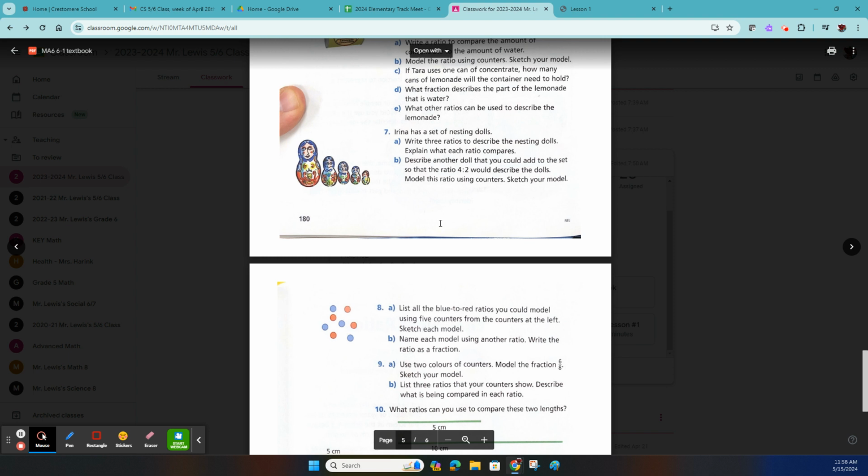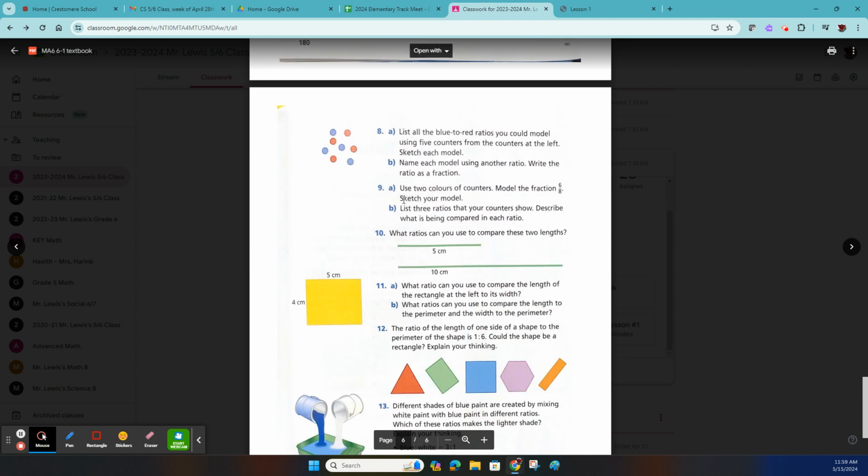Let's get to 9. Boom, right here. Use 2 colors of counters. Model the fraction 6/8. Okay, so I'll go 1, 2, 3, 4, 5, 6 to 8. 1, 2, 3, 4, 5, 6, 7, 8. 6 to 8. All right, so there's my model. There's A, done.